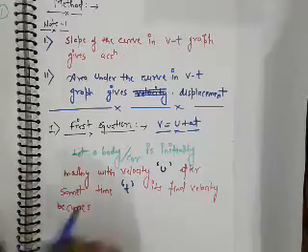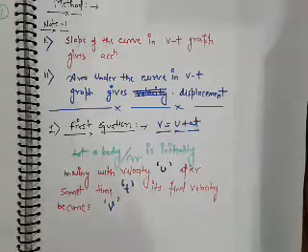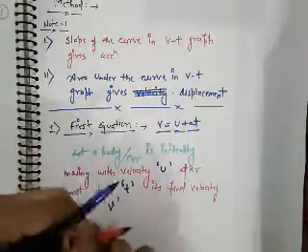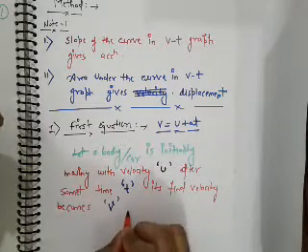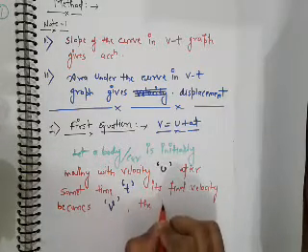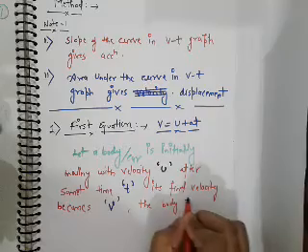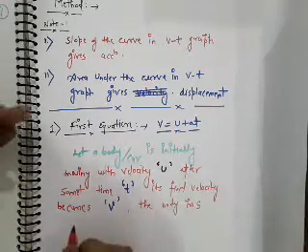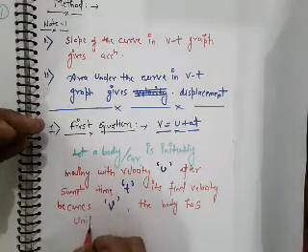Its final velocity becomes v. The body has uniform acceleration. Acceleration must be uniform.